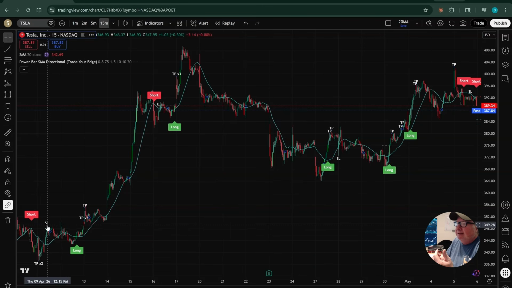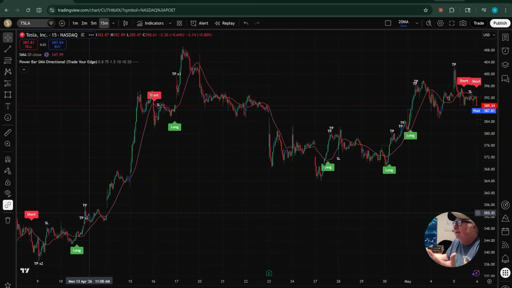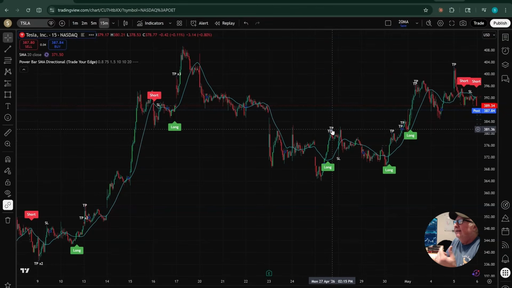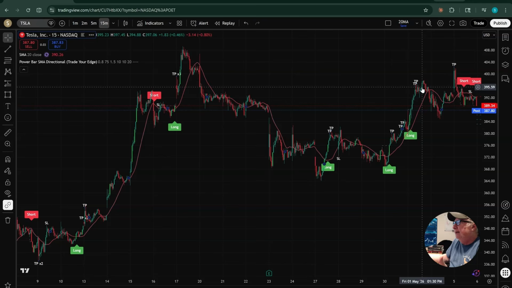So this stop loss was just because it didn't get to the full 2 times profit. Then you get a winning trade, another full 2 times profit. You get a stop out here, a winning trade that got to 1.5 times profit. Again, that's what this stop loss is. Another winning trade and a stop out here.